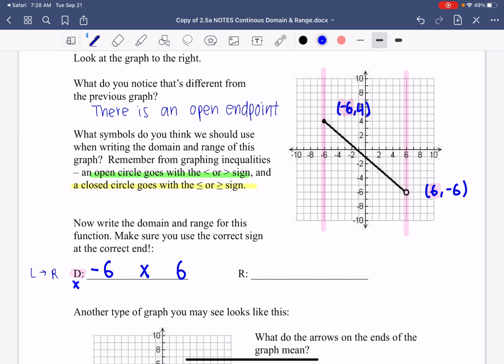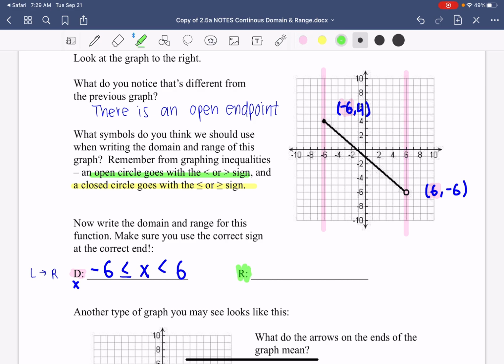So it's always going to be open to the x on the first one, but close to the x on our last number. Now we just need to decide which one uses a greater than or equal to. Since the -6 is with the point that is closed, the -6 gets the equal to sign underneath. And that's our domain.